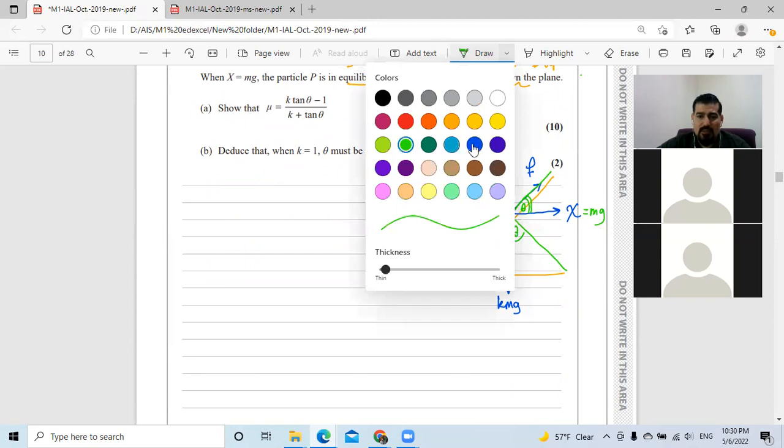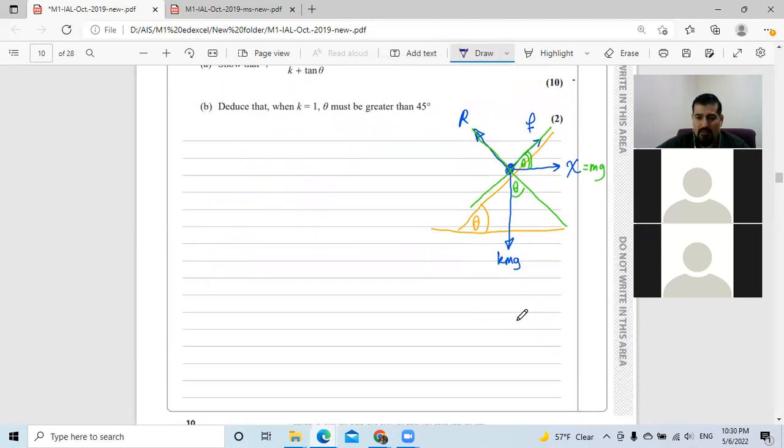So I'm going to redraw the forces and resolve them. We have the force F acting upwards, and the force R acting perpendicular. The force x, which is mg, acts up the plane and perpendicular to the plane. It will be mg cosine theta here, because it's close to the angle theta, and here it will be mg sine theta.